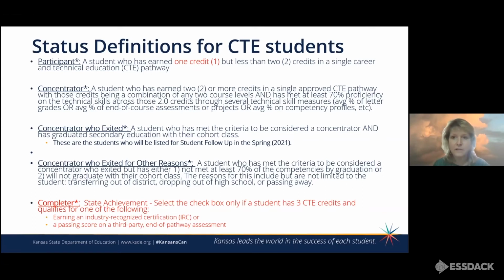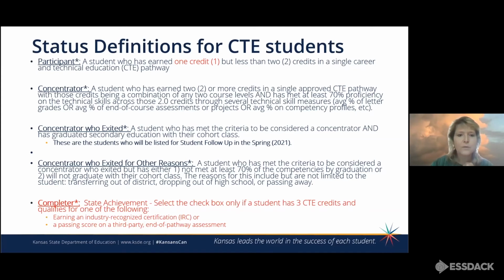I feel a little bit lucky that we haven't had a million changes that you will need to look at when you are assigning your students. I'm not going to really read these to you. The completer, like I said, is a state achievement.